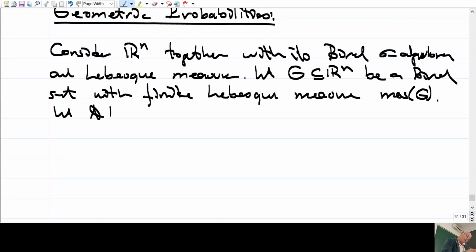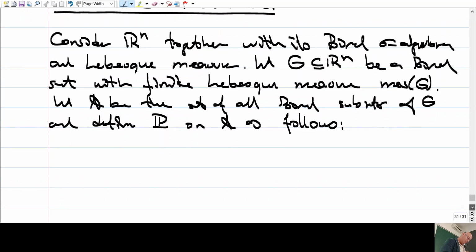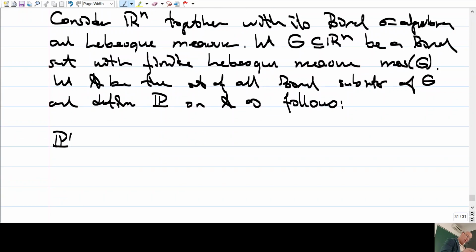Let A be the set of all Borel subsets of G, and define P on A as follows. I define the measure of A as what?